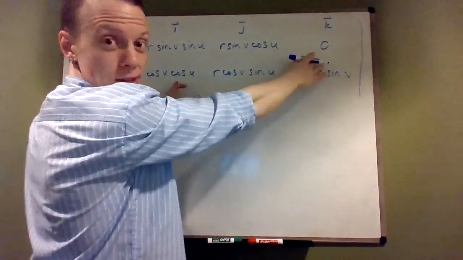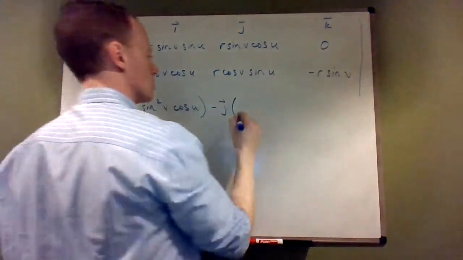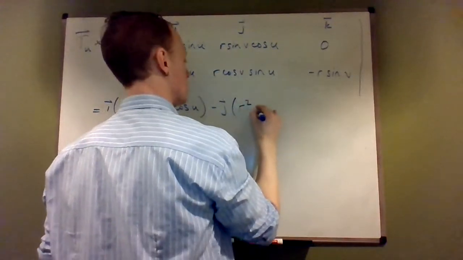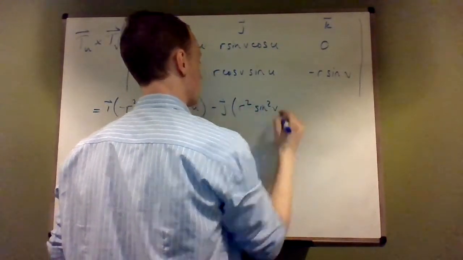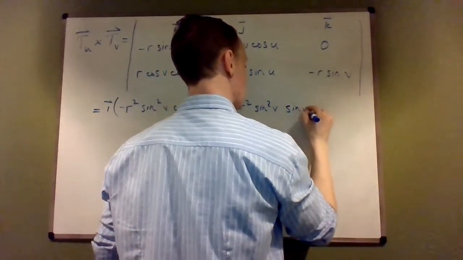Again, this product is going to give us 0, so it's just this product right there, which is r squared sine squared v sine u.